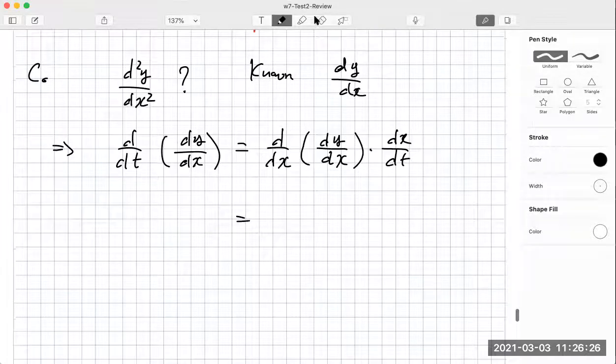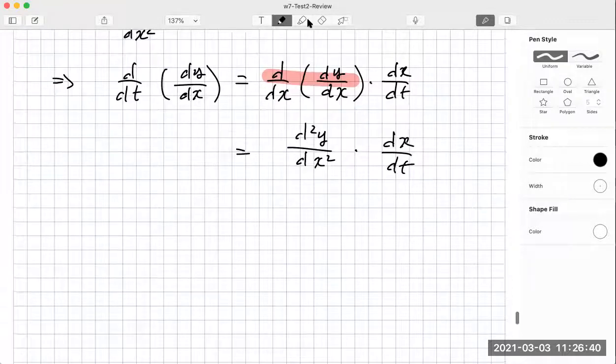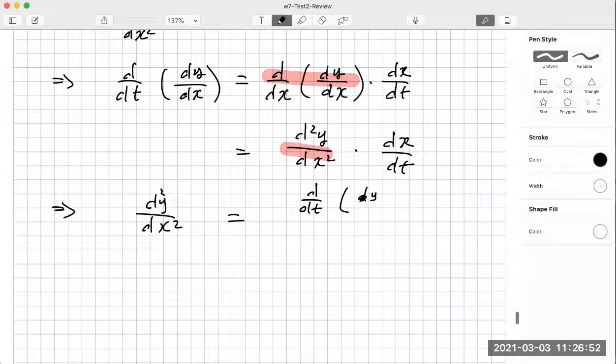And this guy is nothing else but the second derivative of y with respect to x. Okay. So therefore, this guy, d squared y over dx squared, it will be d over dt of dy over dx, right? Over dx over dt.